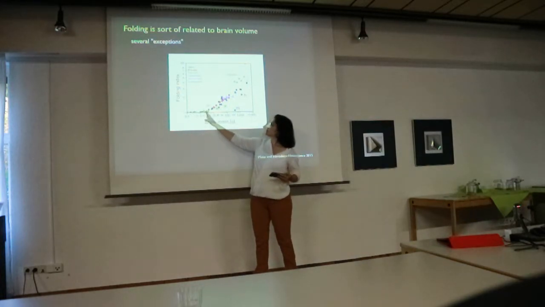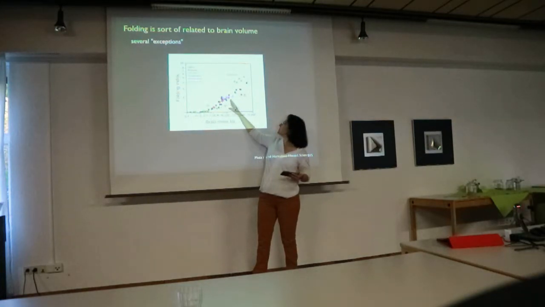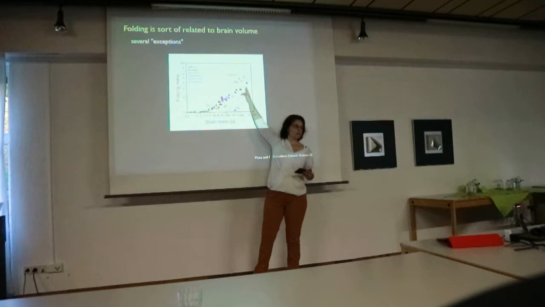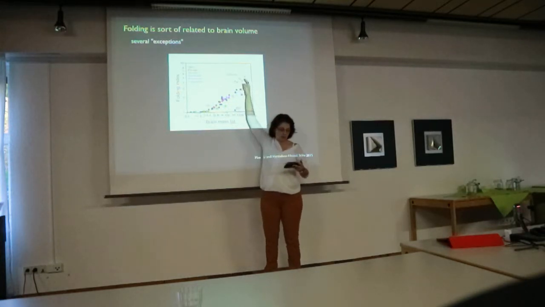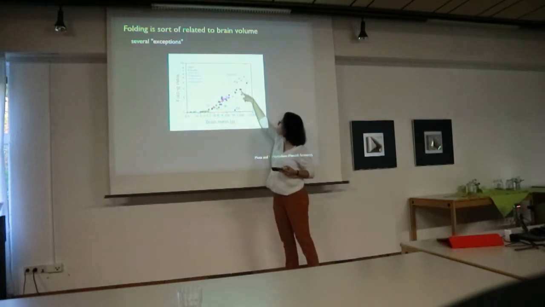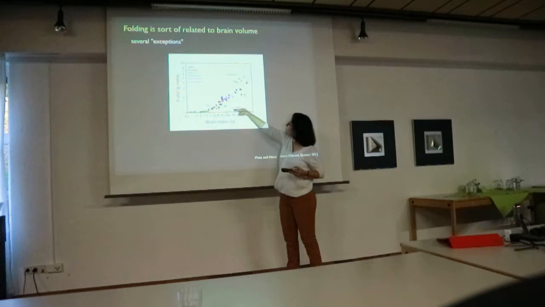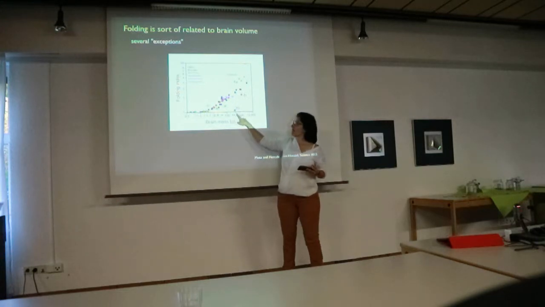Then there seems to be some critical point after which the larger the brain is, the more folded it tends to be. Except that cetaceans, whales, dolphins seem to have much more folded brains than you would expect for their brain mass. And you have these outliers. Humans here seem to be below the expected. And here you have a manatee.